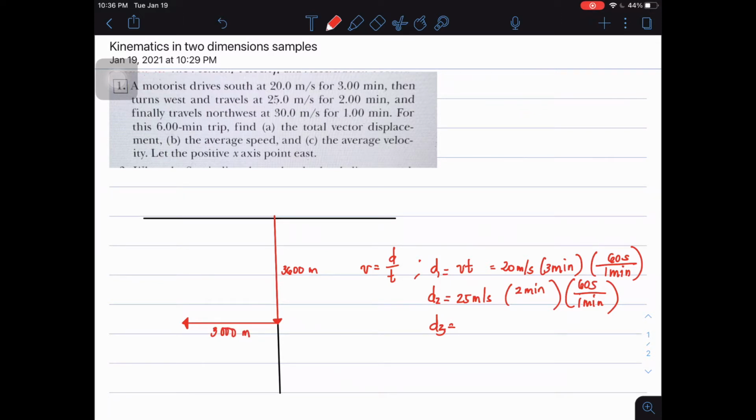For D3, that's 30 meters per second for a minute. So that's 1800 meters.